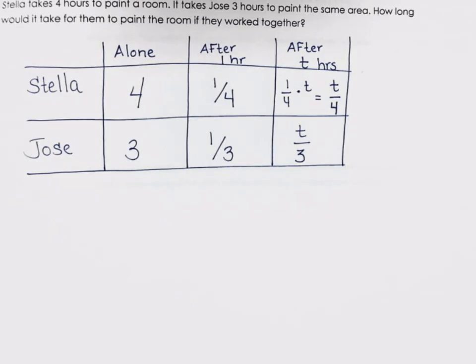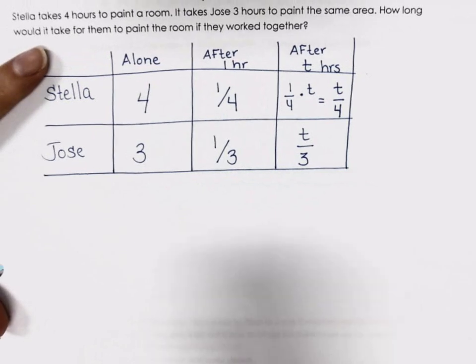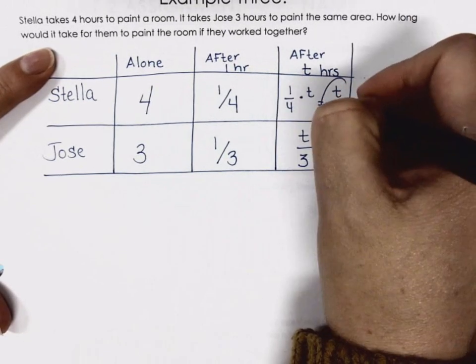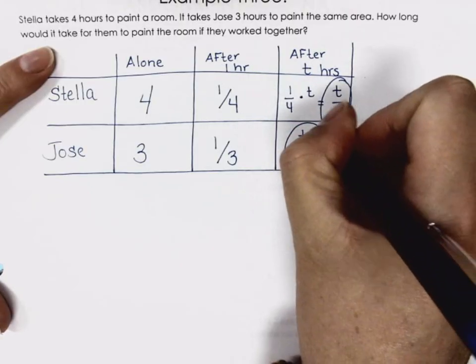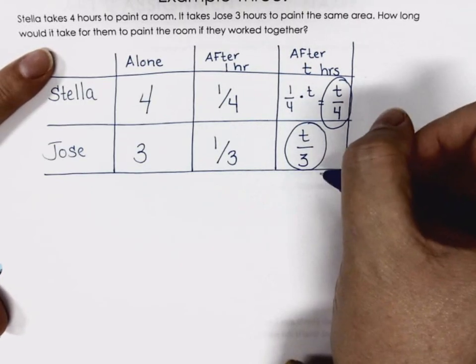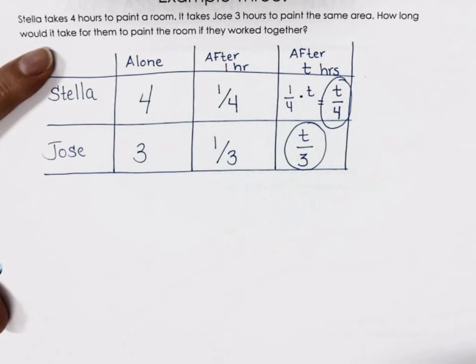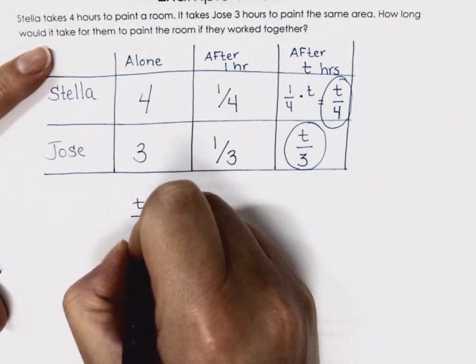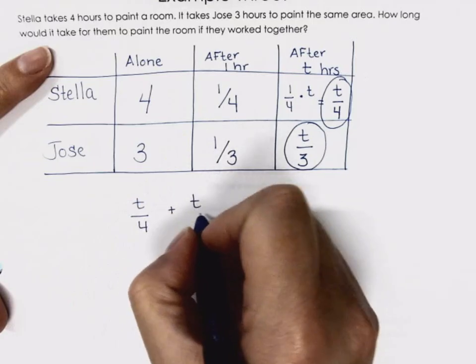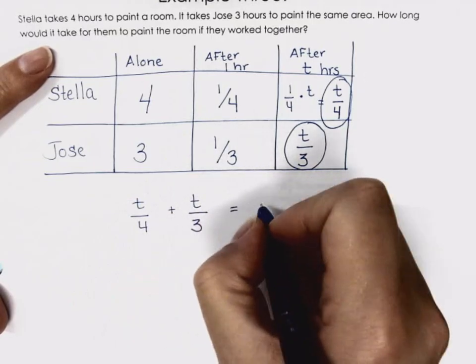Now, if Stella and Jose are working together, what math am I doing? It's going to be an add question. So we take the unknown time divided by 4, plus the unknown time divided by 3, and that's going to equal 100% of a job.